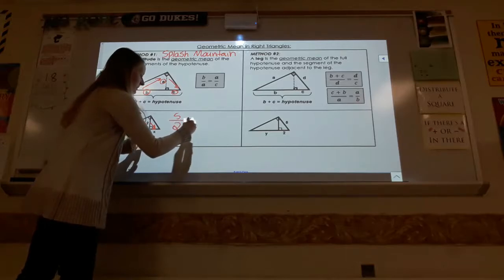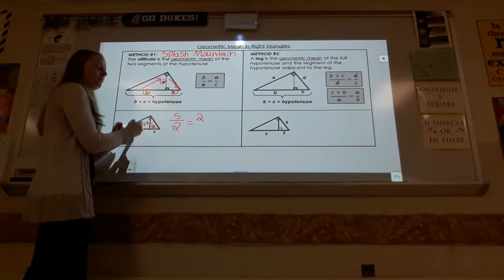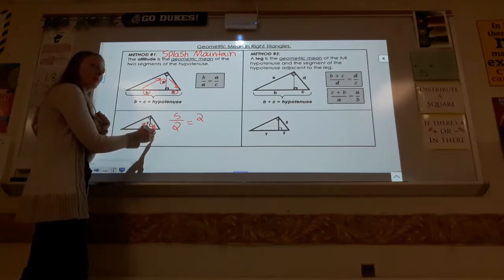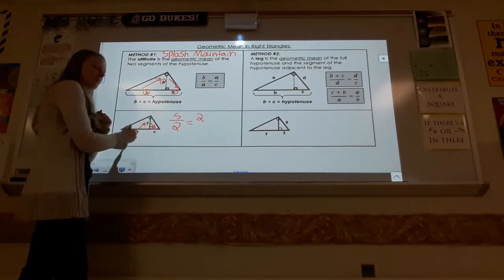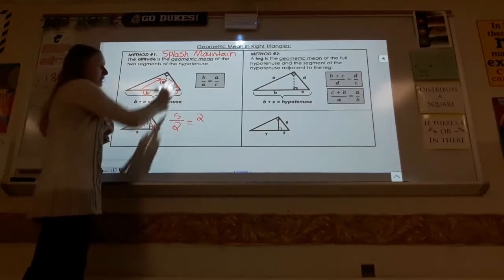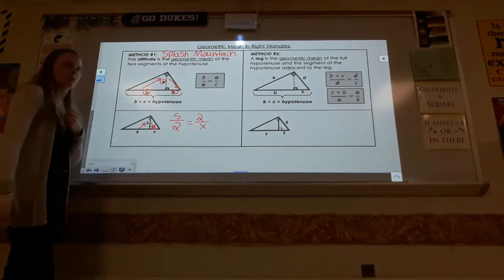And then to start the next proportion, you have the edge of the arrow to the point, and then the edge of the arrow to the point. So you have two different arrows. You can go the other way if you want to. I'm just going in the same direction as the formula here. Okay? So then it'd be 2 over x.